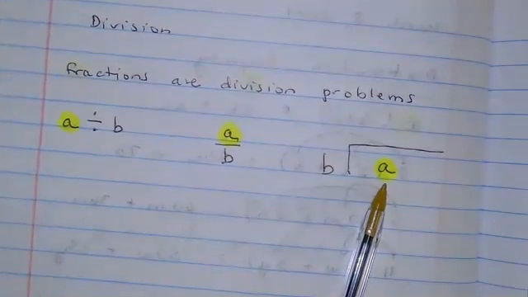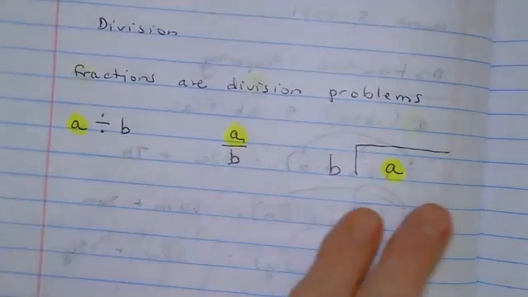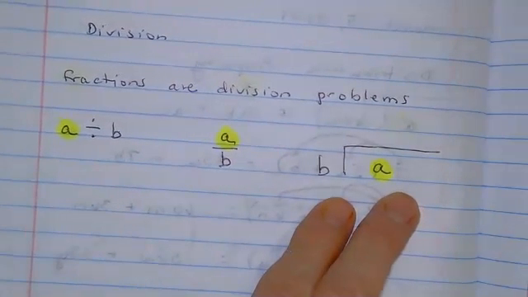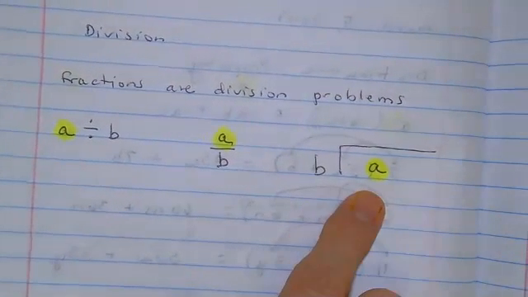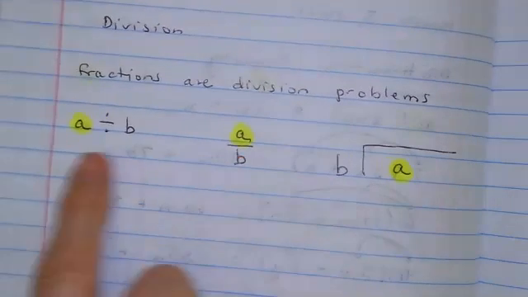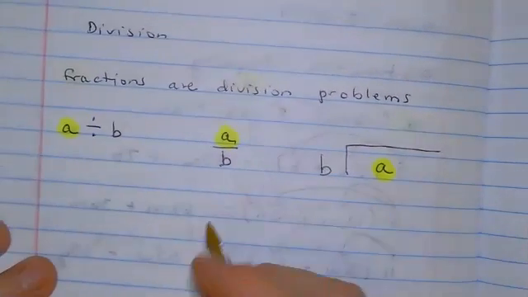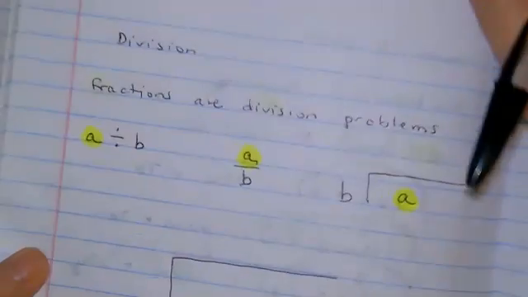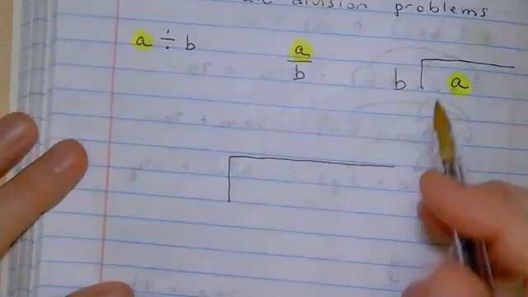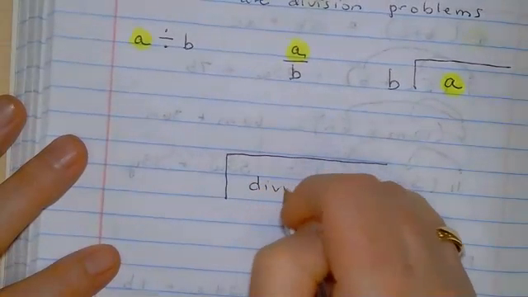So when we did this lesson yesterday and I graded your papers, you guys are good on these two, but about half of you got these backwards. So that's why I want you to color code it, so the colors remind you, oh yeah, that goes inside. Okay? And then the other thing we talked about yesterday was what those words were when you see the words. So the first number inside the bracket is the dividend.